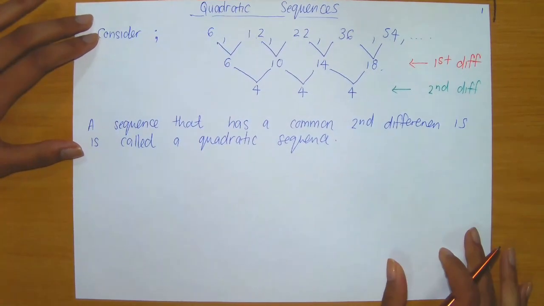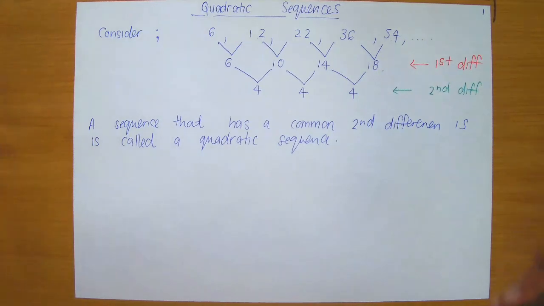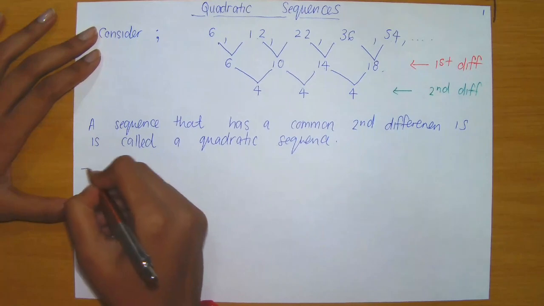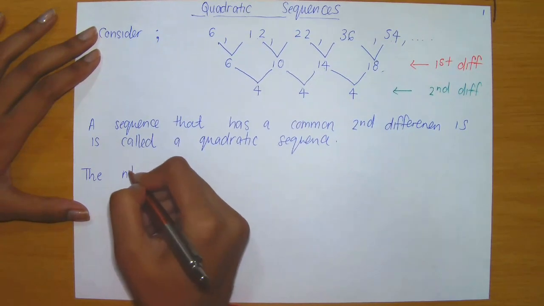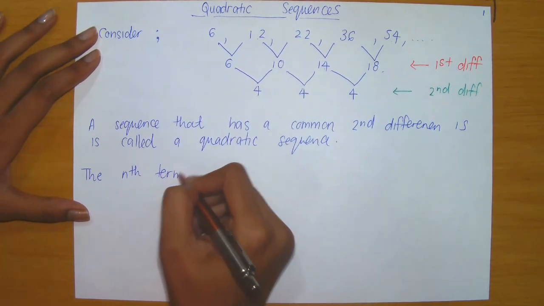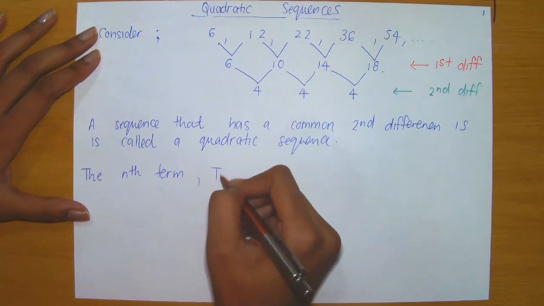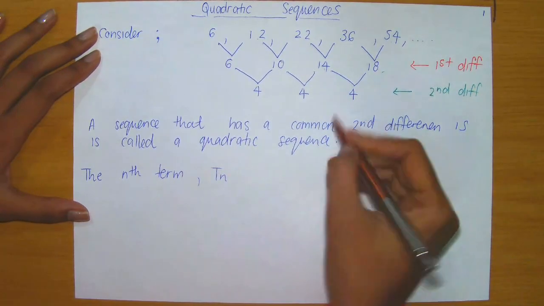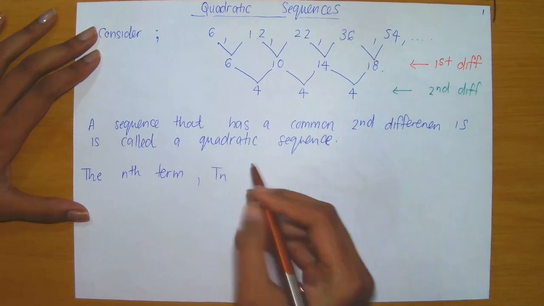Right, so just like we had done before when it came to analyzing patterns and looking at sequences, one of the main questions is, how do I determine the general term? So what is the nth term? The nth term, Tn, of this quadratic sequence or any quadratic sequence.